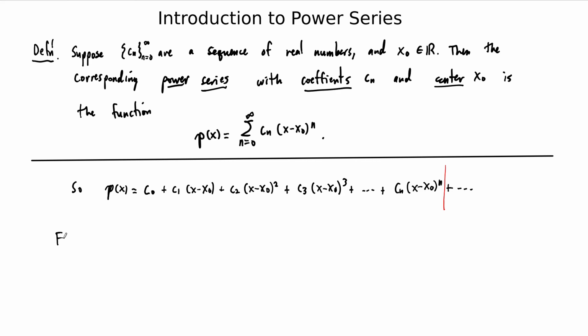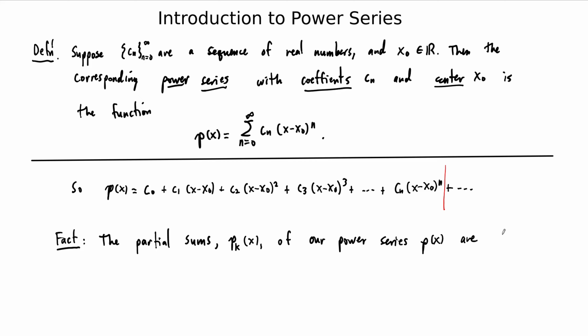I'll call this a fact as far as our notes are concerned: the partial sums of our power series, let's call them P sub k. These are still functions, right? P sub k of x of our power series, P of x.